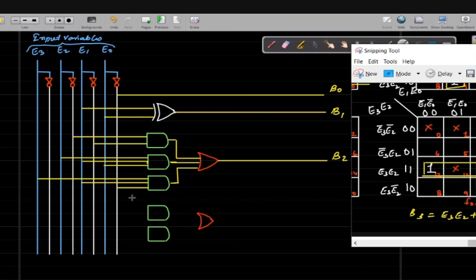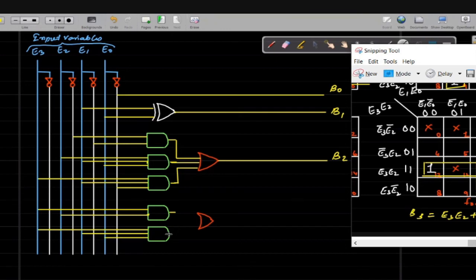Okay. Now tell me, what about the B3? E3, E2. So this is E3, and this is E2. So the first product term is available here, and the second term is E3, E1, E0. This is E3, this is E1, and E0.